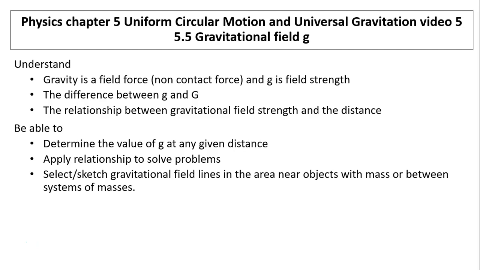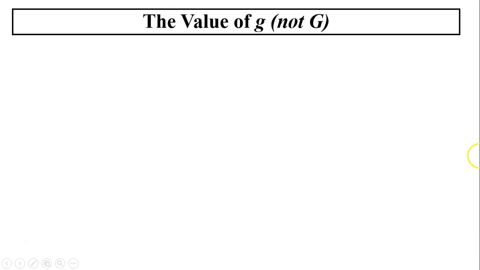Know the difference between g, little g, and big G, and the relationship between gravitational field strength and the distance. Be able to determine the value of g at any given instant and apply the relationship to solve problems. Also be able to sketch gravitational field lines in the area near objects with mass or between systems of masses.